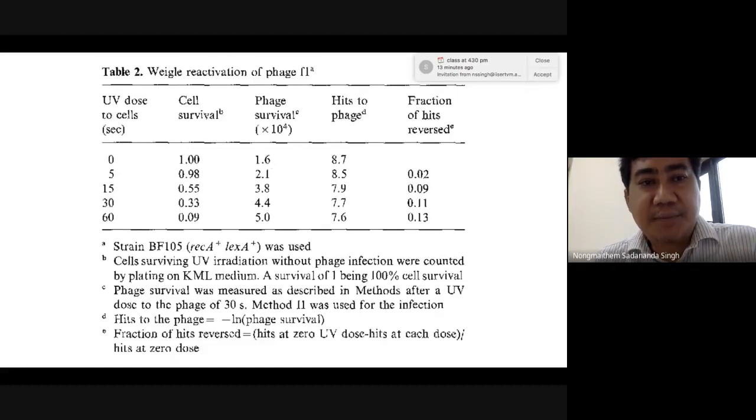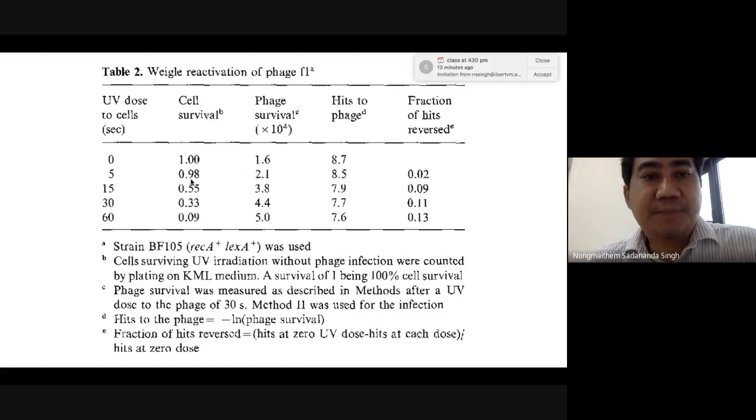Here, the phage whose survival is being measured is already exposed to UV. When the host cell is not radiated, the survival of the UV-exposed phage is 1.6 times 10 to the power 4.